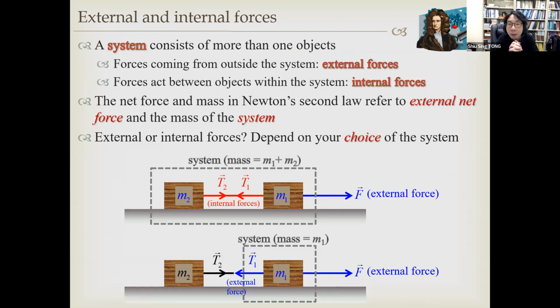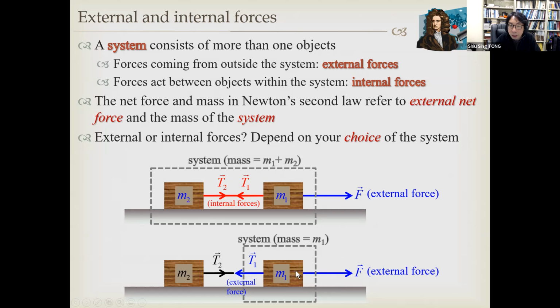But we can define the system differently. The system is chosen by us. So we can choose to define the system as only including the mass M1. In this case, the force F is obviously an external force, but also the tension in the string is an external force.